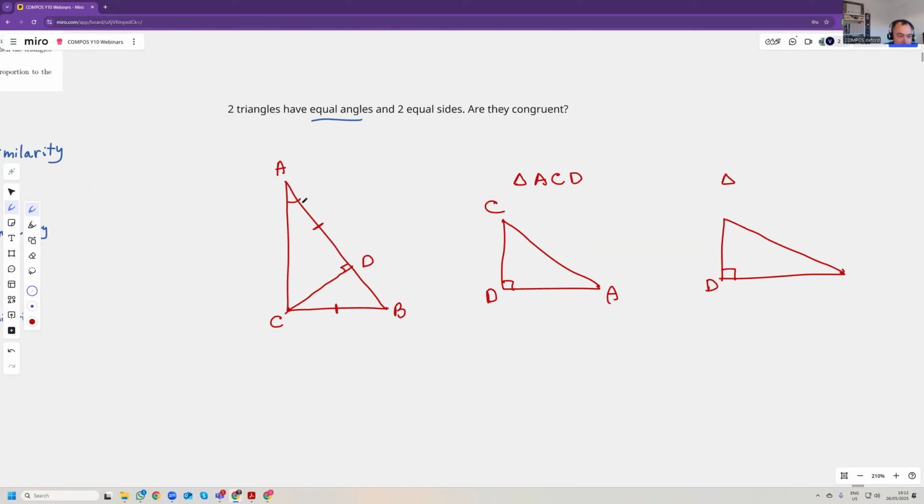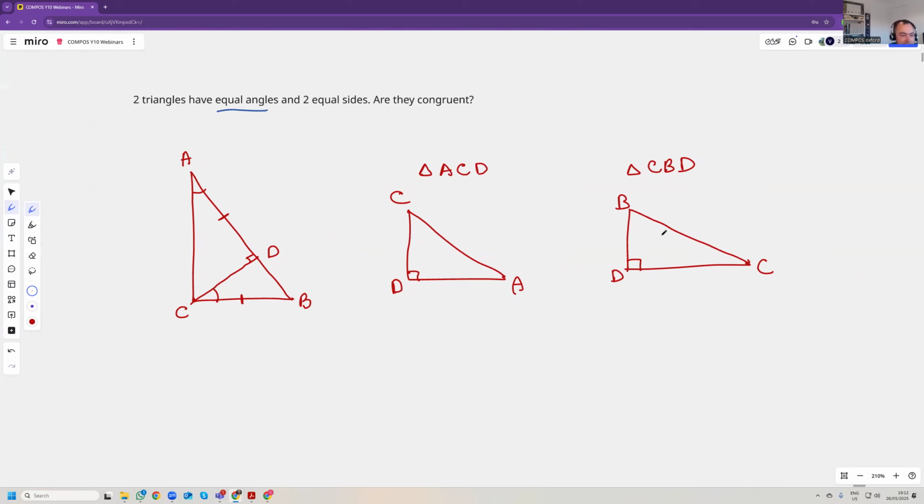So this angle must equal to this angle. So A is equal to C. So ACD, CBD. Okay, cool. Now let's start labeling.